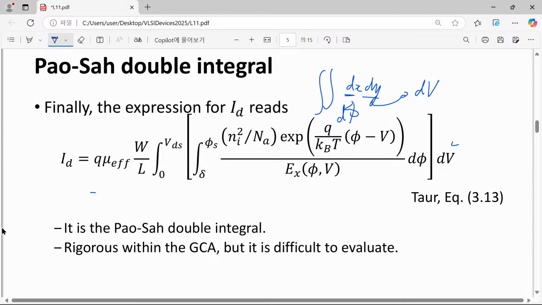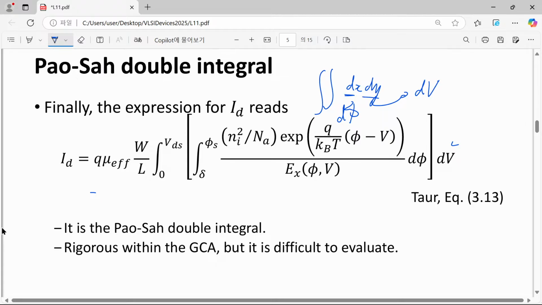In our sense, this Pausa double integral is regarded as a golden rule. This is quite rigorous, and we have not introduced much approximation.